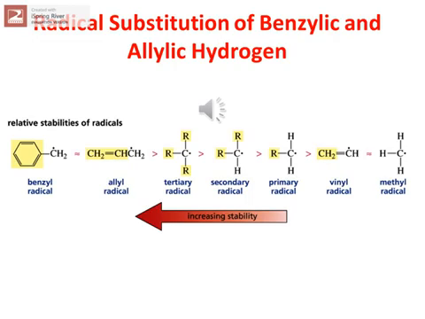So if we compare the stability of the benzyl radical with the tertiary radical, the stability of the benzyl and allyl radicals is almost equal because of the extensive resonance and hyperconjugation of the unpaired electron over the benzene ring and the allyl group.